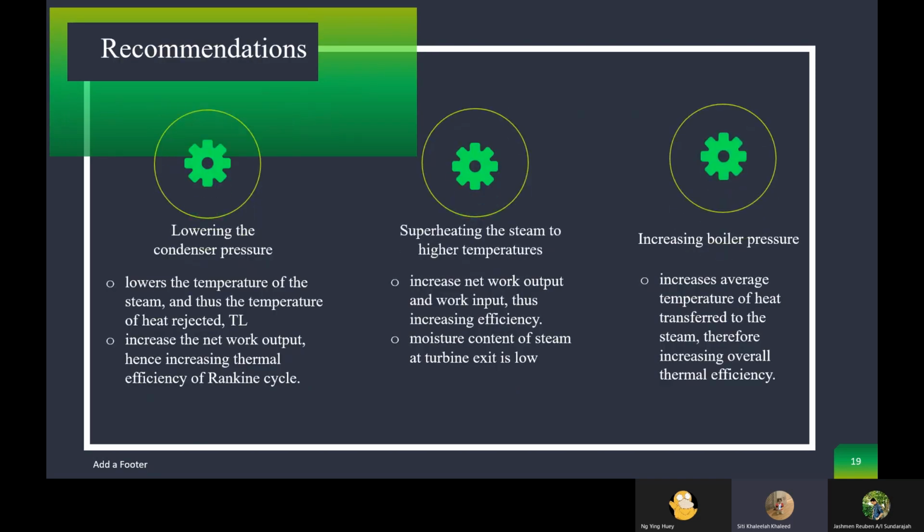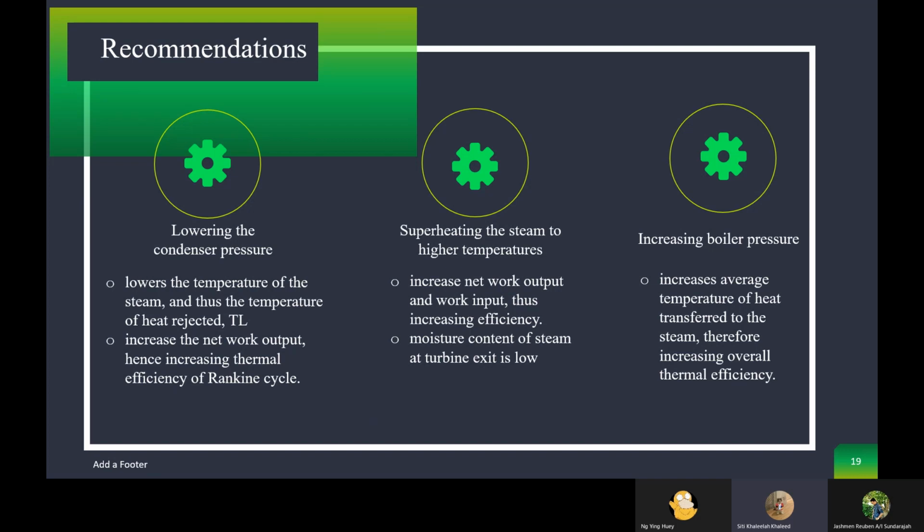Next slide. For recommendations, there are three ways to increase the efficiency of a Rankine steam power plant. Firstly, by lowering the condenser pressure, which will subsequently increase the net work output. Next is by superheating the steam to higher temperatures. This can increase net work output and work input, thus increasing the efficiency.